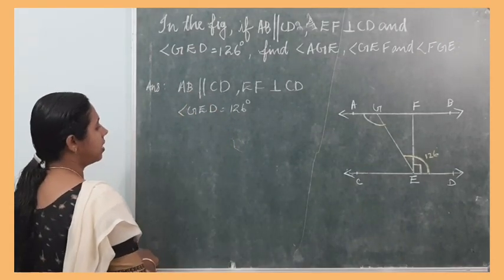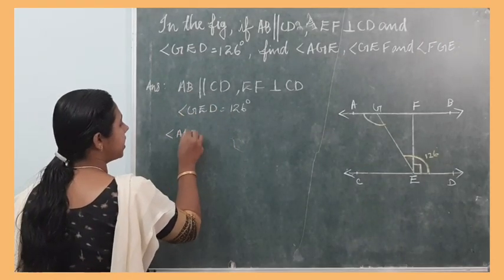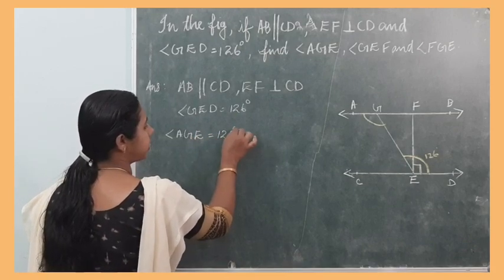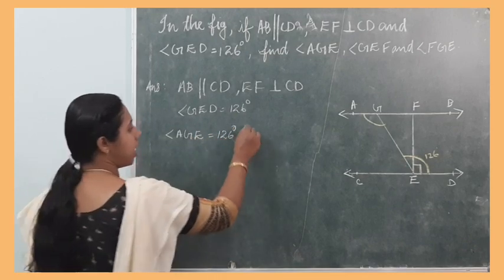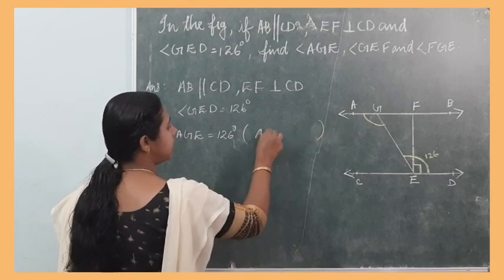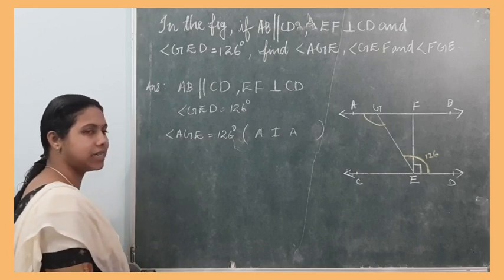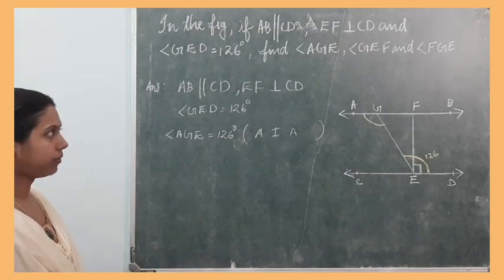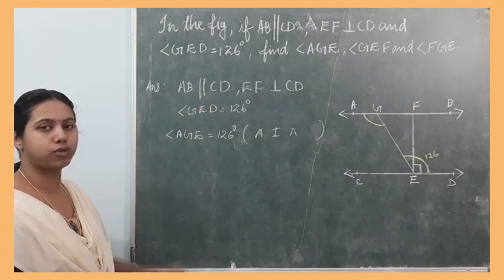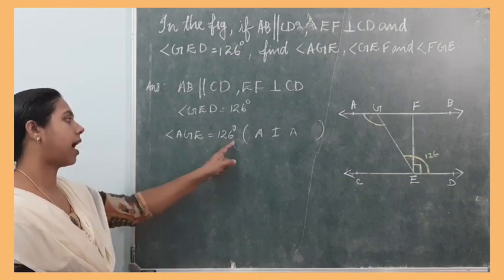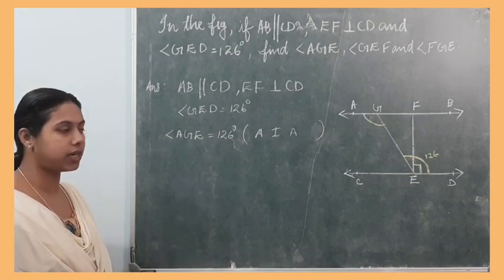So we can write here angle AGE is equal to 126 degree because they are alternate interior angles. Because it's given AB parallel to CD and GE is the transversal. So this angle equal to 126 degree.